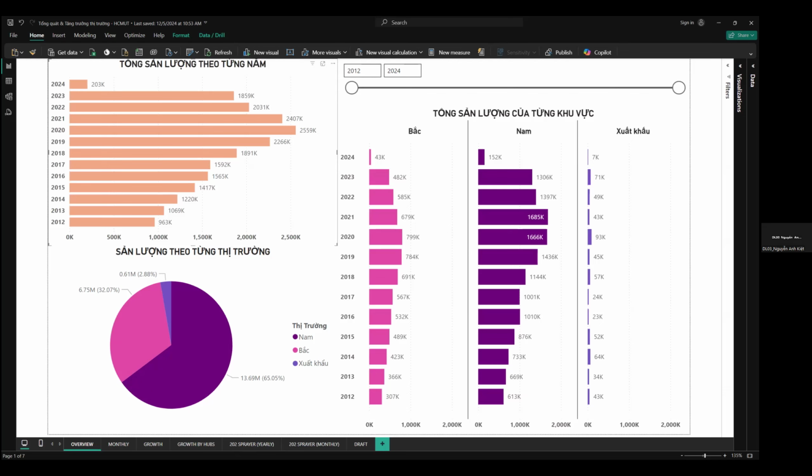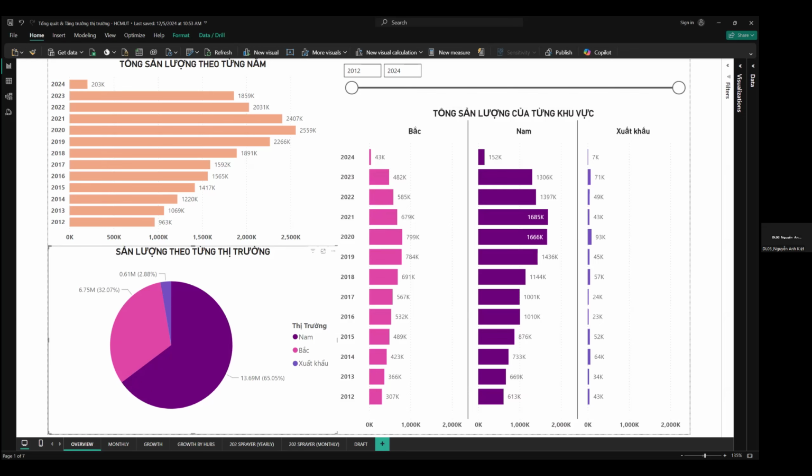And to better understand the market performance, let's take a closer look at the distribution of production across key regions and the export market. The areas include the North, the South, and the export. The South is around 13.69 million, which accounts for 65.05%.